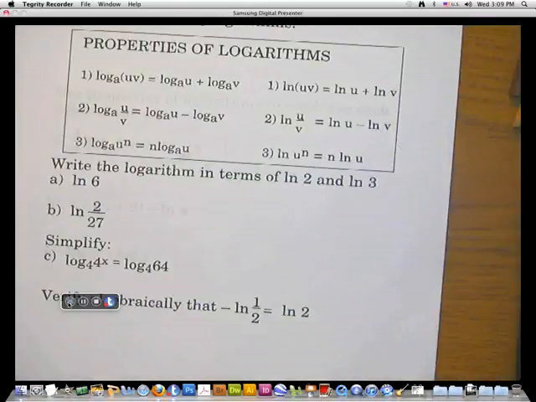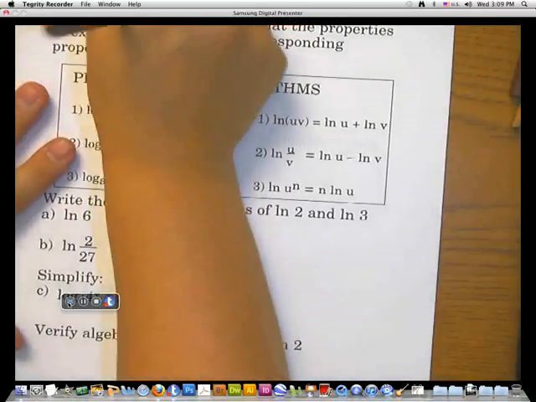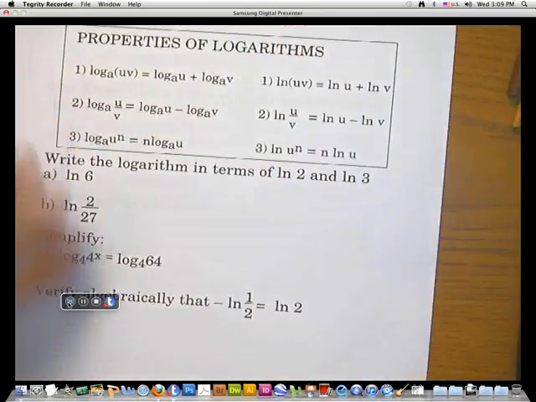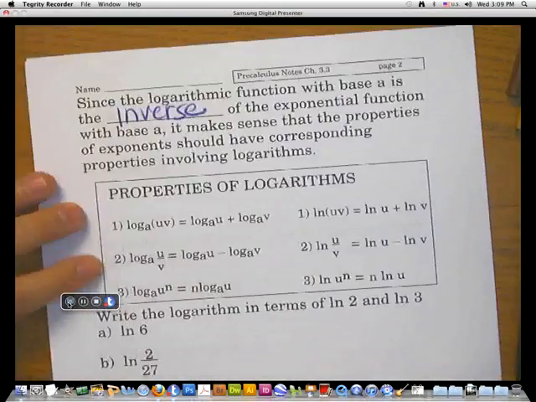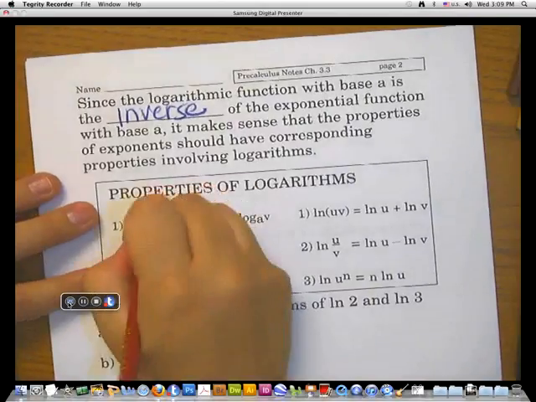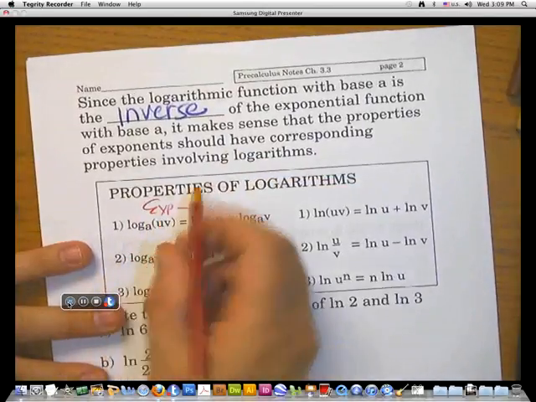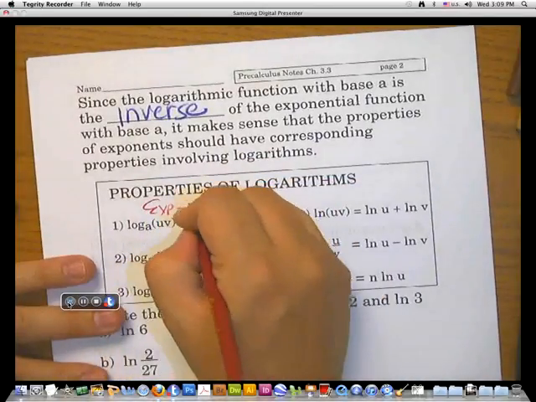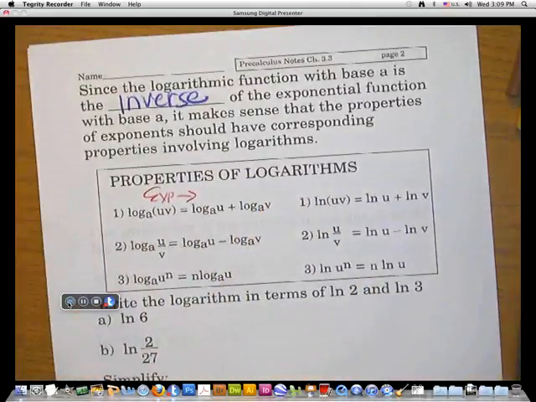Since the logarithmic function with base a is the inverse of the exponential function with base a, we have some properties that we can use. And these properties are called expanding and condensing. Here we're expanding into something else. And it works for logs and with natural logs.